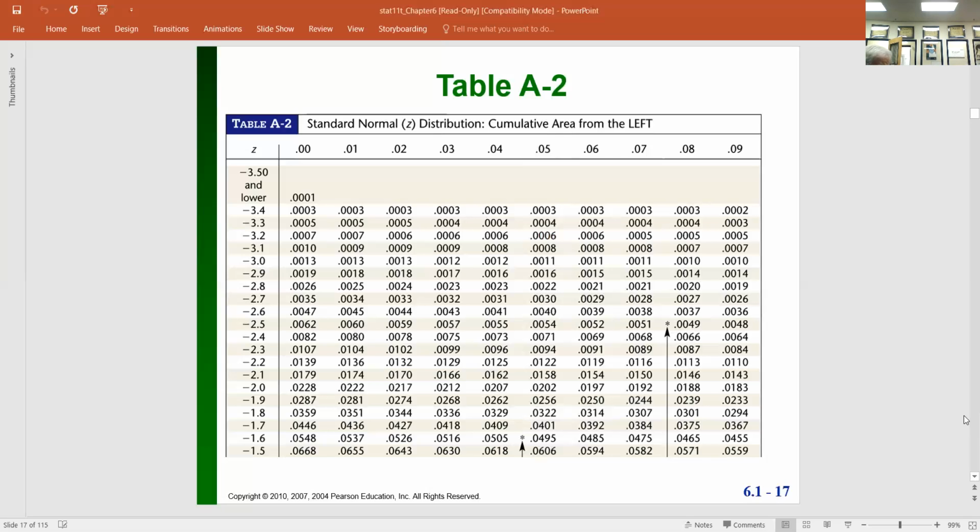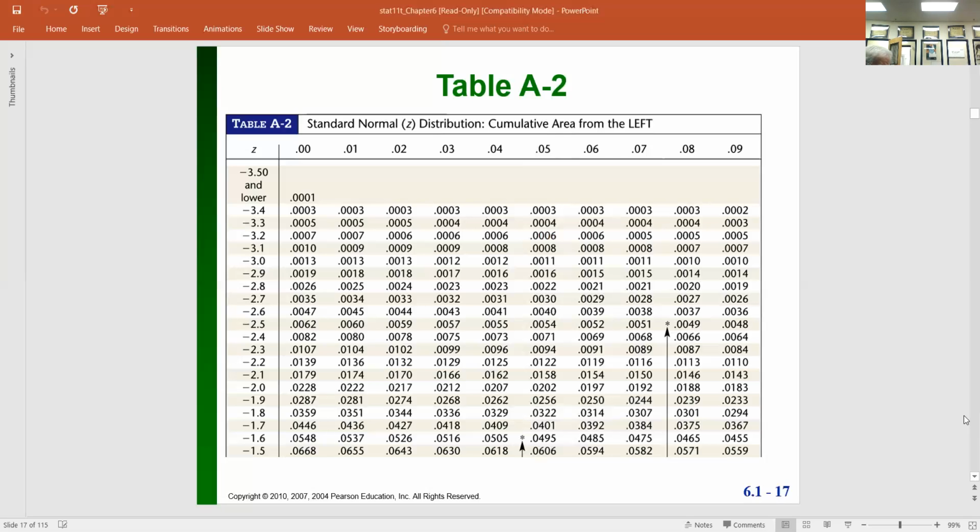The difference between 0.5987 and 0.6026 is 0.0039. What we want to do is look at the difference. So we've got 13 as the difference between 0.5987 and 0.60. 13 divided by the total span of 39 is 1/3, 0.33.